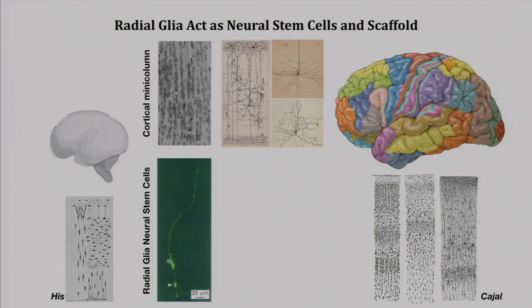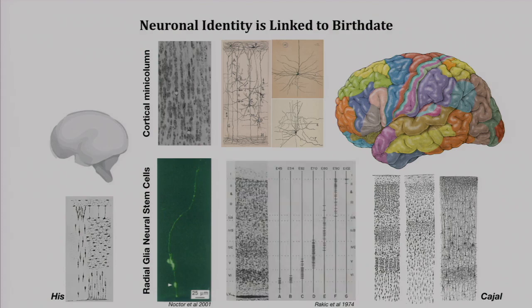There's quite a lot of interest in trying to understand the function of these mini-columns. We know that the diversity of cells, or their laminar position in the cerebral cortex, is determined during development by the birth date of neurons, since the studies performed by Pasko Rakic in the 70s, especially in the macaque.